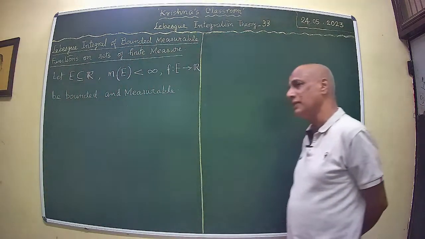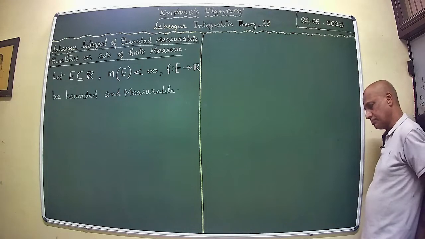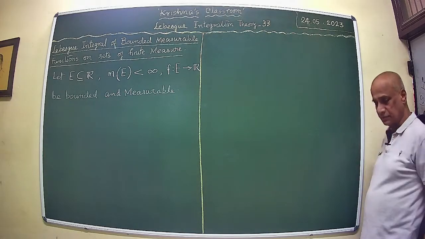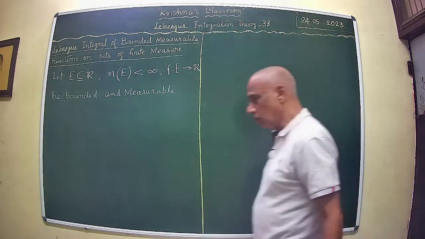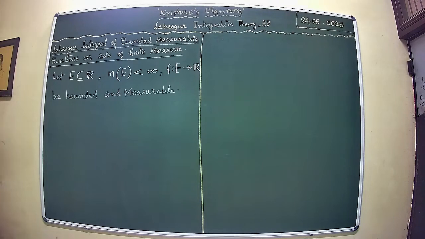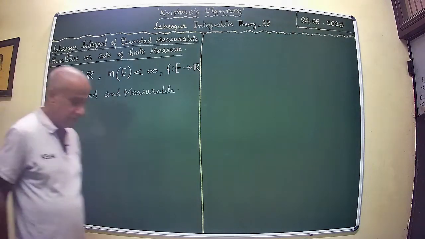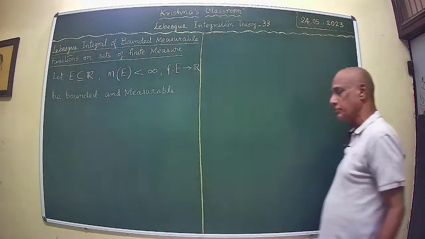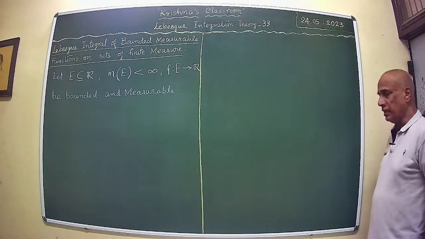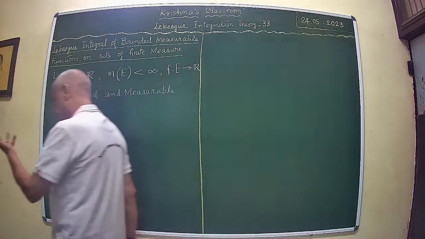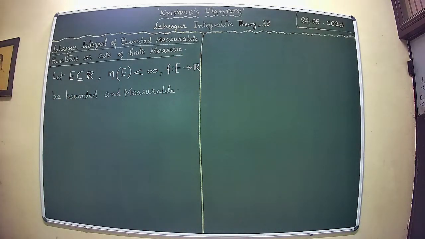So what happened in the case of the Riemann integral? We defined two sums, namely a lower sum and an upper sum, and if the function is integrable, then its integral is squeezed between the lower sum and the upper sum.